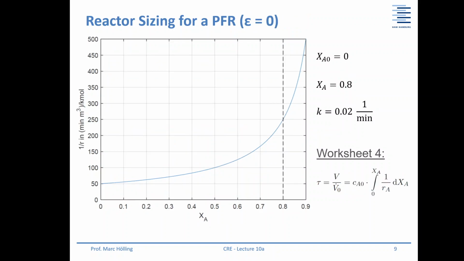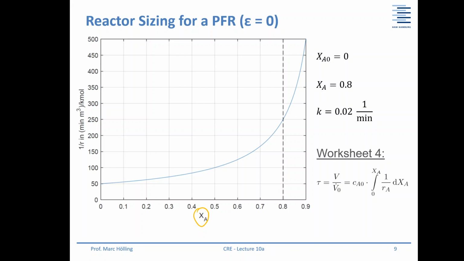Now let's go for the plug flow reactor. For the plug flow reactor, I showed you this equation in worksheet 4. So your residence time you can calculate like this. I just showed you the diagram with the conversion.